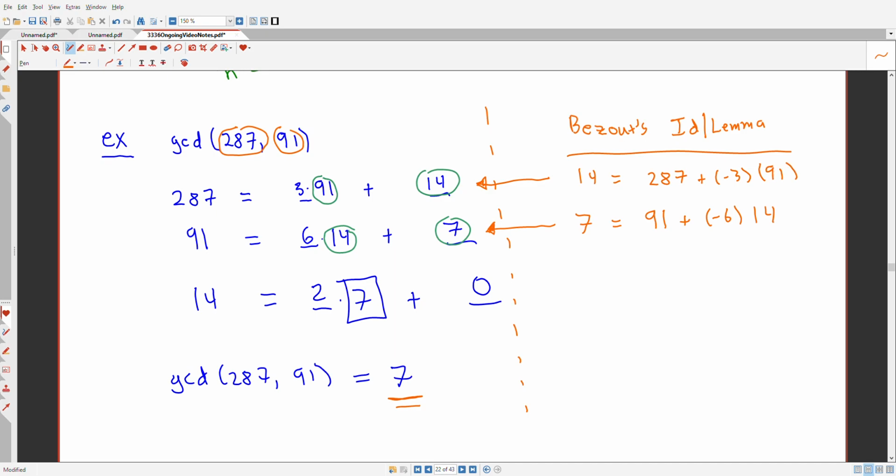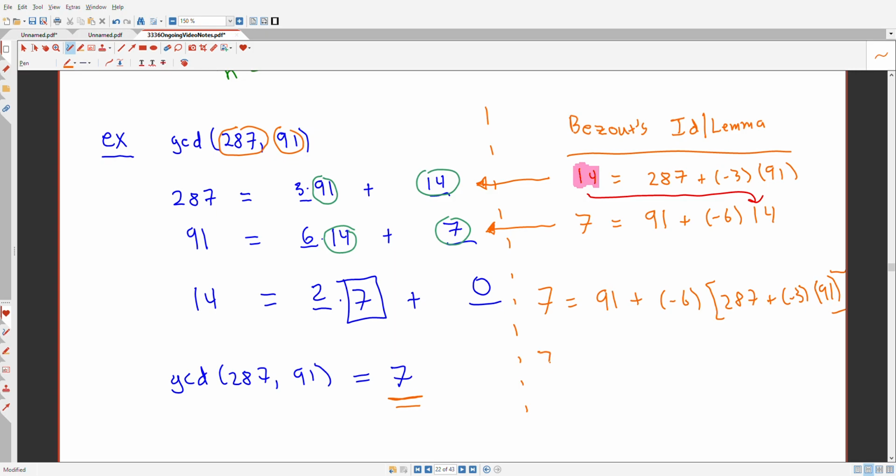And now look what I can do. I can plug this 14 in to here. And when I do that, I see that 7 equals 91 plus negative 6 times 287 plus a negative 3 times 91. Sorry for writing off to the side.